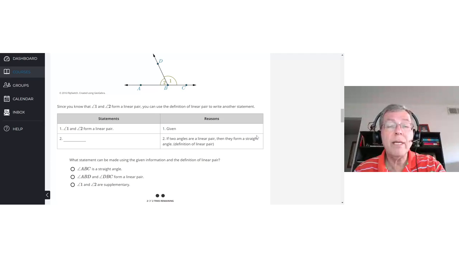What statement can be made using the given information in the definition of linear pair? The angle ABC is a straight angle. Angle ABD and DBC form a linear pair. Okay, linear pair, we see that in line 1, so that's a strong possibility. Then angle 1 and 2 are supplementary.